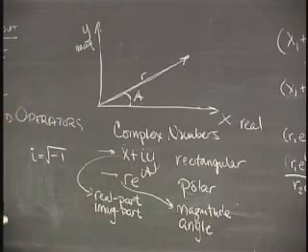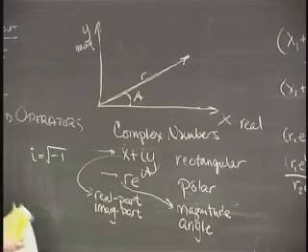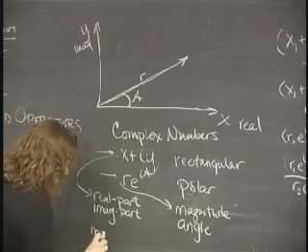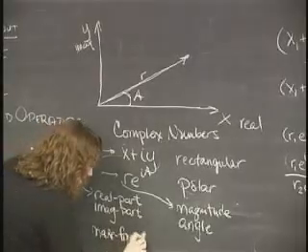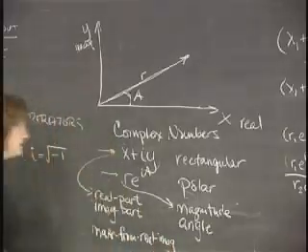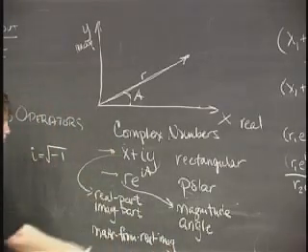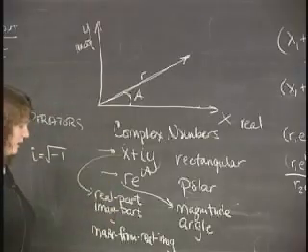Okay, and then we're going to have a couple of constructors, and those would be make-from-real-imag. So this is going to put a complex number together from a real and an imaginary part, an x and a y.